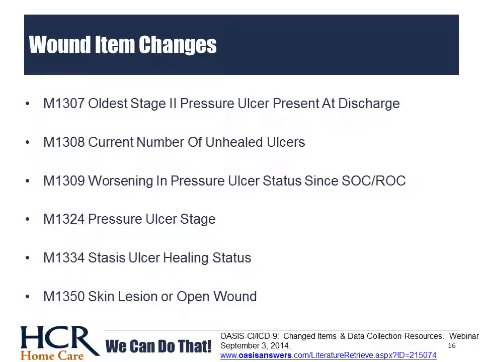M1308, the current number of unhealed ulcers, as well as M1309, which is a new item that's probably had the most substantial changes in OASIS C1, the worsening of pressure ulcer status since start of care / resumption of care. M1324 has had some changes, that's pressure ulcer stage, as well as 1334, which is stasis ulcer healing status, and 1350, which is skin lesion or open wound.